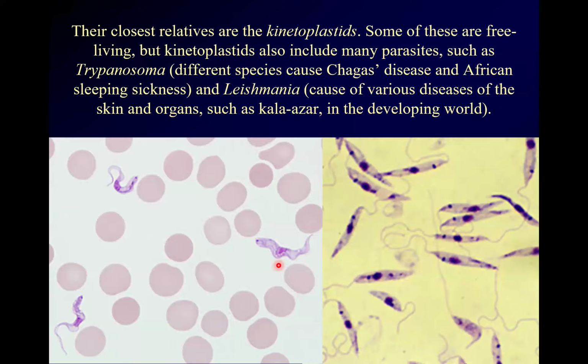You can get very severe disease of the internal organs called kala azar, and this tends to be prominent in the developing world in Central and Eastern Asia and the Middle East. It happens to be spread by the bite of sandflies. There have recently been a few reports of dogs getting this in the United States. So in the US, we're not entirely immune from leishmania infections.